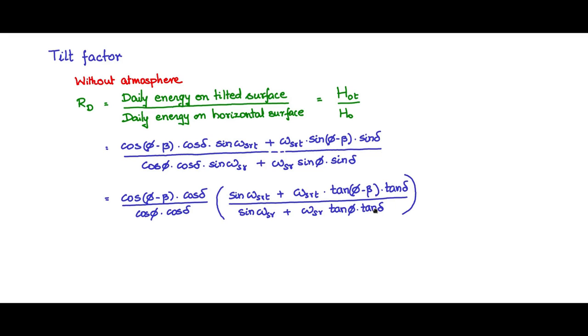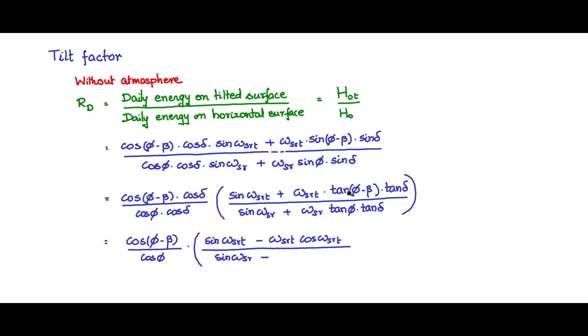Tan phi tan delta is nothing but minus cos omega SR. Tan(phi minus beta) tan delta is nothing but minus cos omega SRT. Substituting this, we can write it as cos(phi minus beta) by cos phi, times sin omega SRT minus omega SRT cos omega SRT, by sin omega SR minus omega SR cos omega SR. So this is defined as our tilt factor without the atmospheric effects.